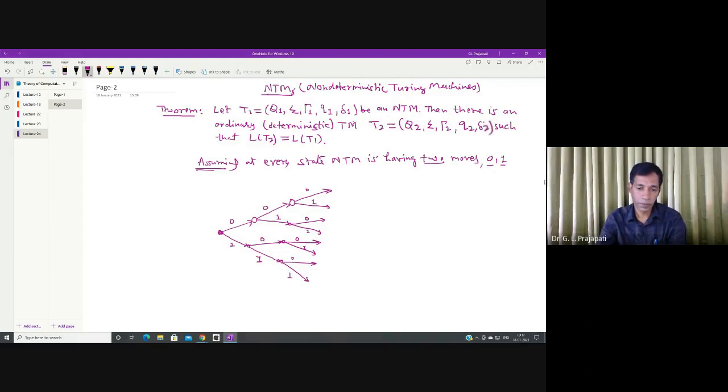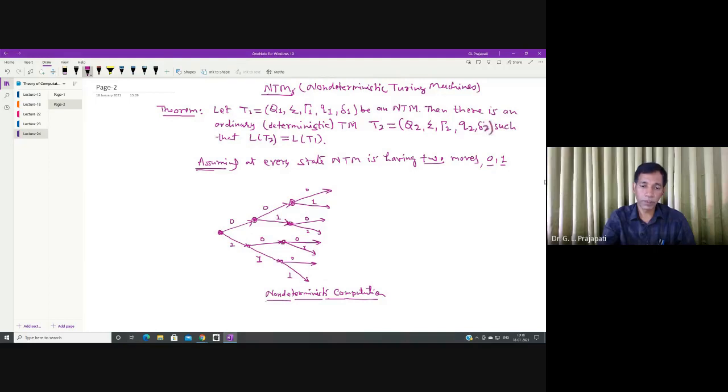So actually this is non-deterministic computation. These are the nodes, and these correspond to the configurations of your machine.